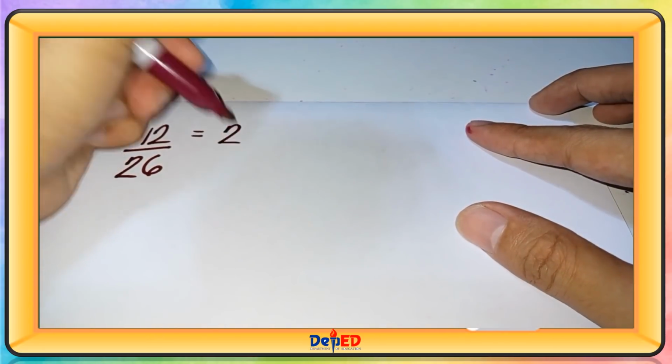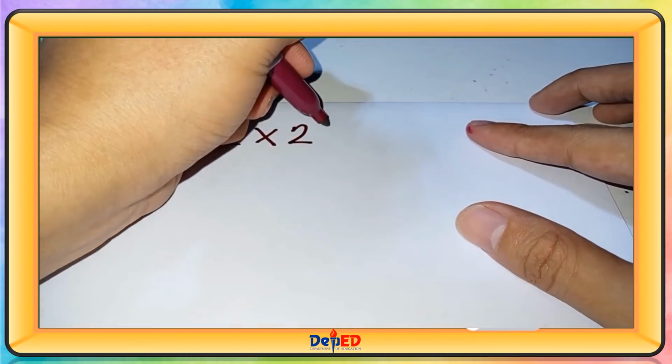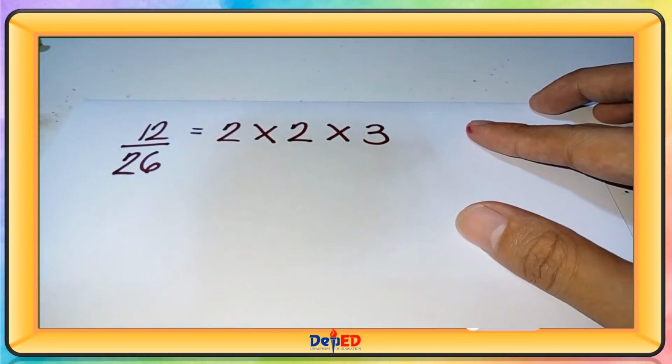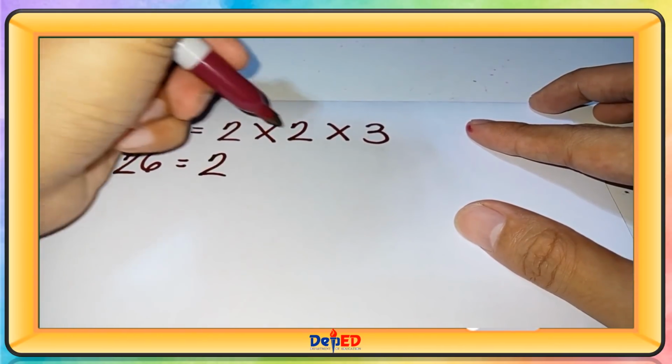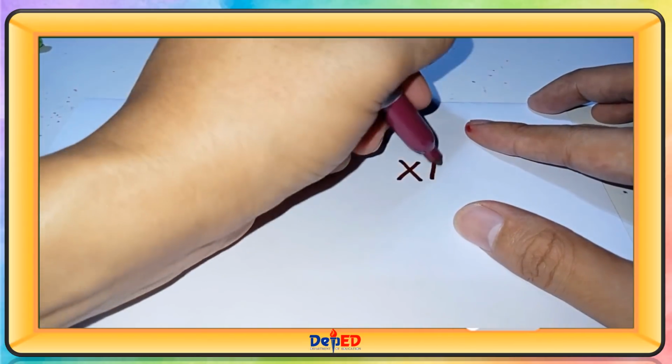12/26. The prime factor of 12 is 2 times 2 times 3, while 26 is 2 times 13.